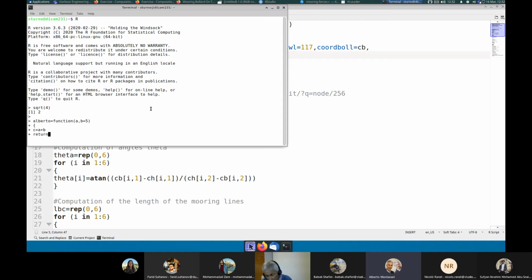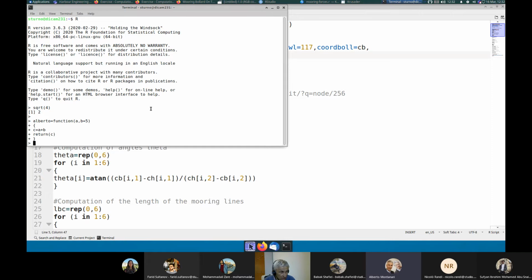It is to be specified with another function, return c. And then I can close the curly bracket, Alt-GR, keep it pressed, and then the key 0. And now return again. Now you see that I got back to the console.